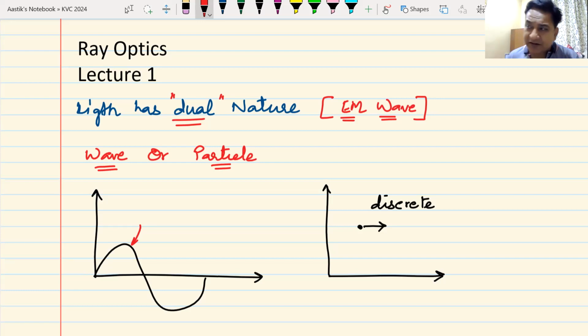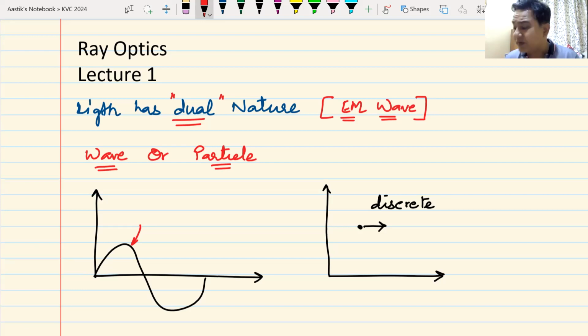Now we understand that everything can have dual nature. Which nature will be more, we will see, don't worry. When you talk about light, in some cases it behaves as a wave, in some cases as a particle. Now that might not be correct to say. There are certain phenomena of light which we will have to explain, and these are the phenomena we are going to study in this chapter of ray optics, or for that matter wave optics.